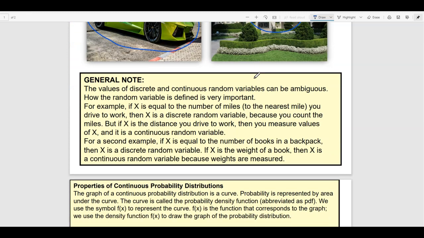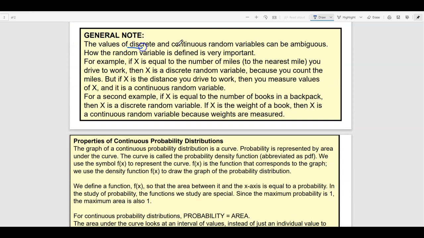Now, a general note. Sometimes your discrete and continuous random variables could be slightly ambiguous, but we will take a close look. Let's take a look at the example. The number of books in your backpack, 2, 3, 4, 5, but the weight of the books, 1.2 pounds, 2.3 pounds.